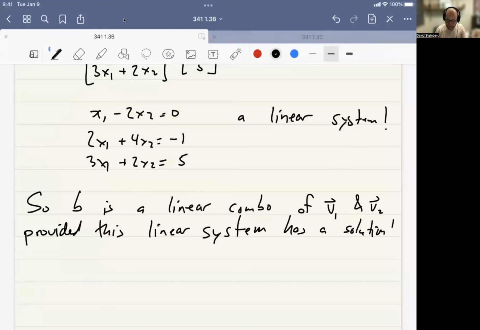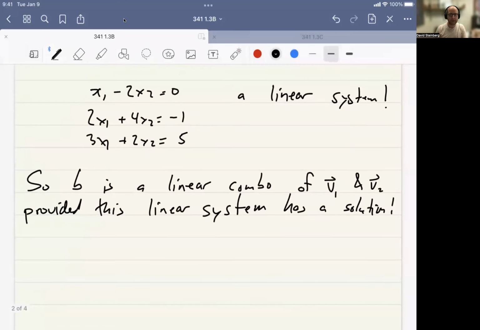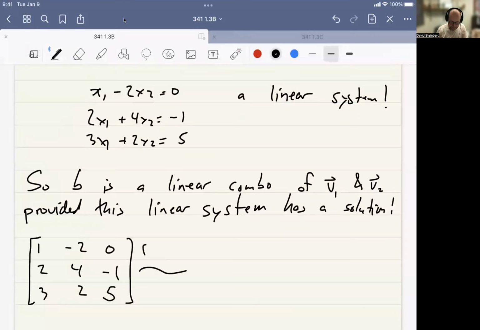We just spent like a million videos talking about how to solve linear systems, so let's do just that. If this is a linear system, we can pull out the augmented matrix really quick because we're all pros. This is [1, -2, 0; 2, 4, -1; 3, 2, 5]. Let's do what we always do: take row 2 and change it to row 2 minus 2 row 1, and take row 3 minus 3 times row 1.